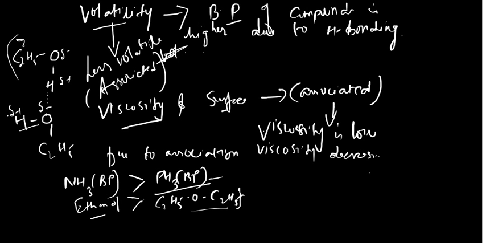Just remember how the structure of water and ice looks, right? The cage-like structure of ice starts collapsing when you start heating it. When you heat ice, that cage-like structure dissociates, because of the dissociation of hydrogen bonds.